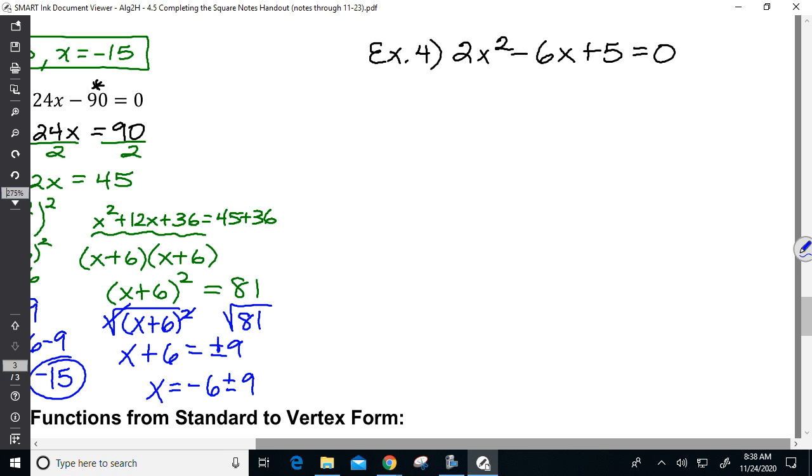First step, the constant term has to move. That's the positive 5. Put it on the other side of the equation. 2x squared minus 6x equals negative 5. So that's first.